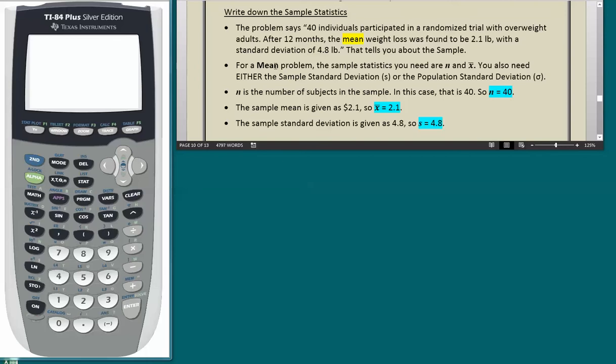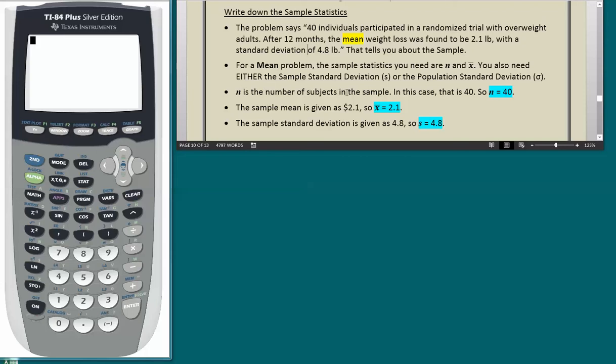For a mean problem, the sample statistics that we need are n and x bar. N is the sample size, how many are in the sample. X bar is the mean of the sample. We also need either the sample standard deviation, which is S, or the population standard deviation, which is sigma. Well, we've already figured out that this problem does not give us sigma, but it does give us S.